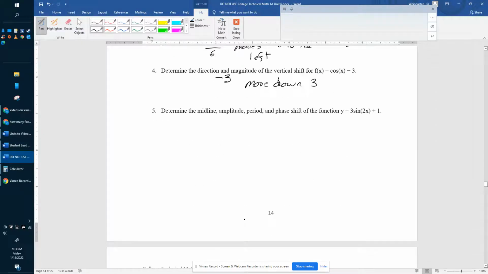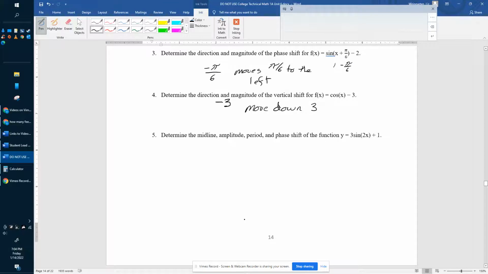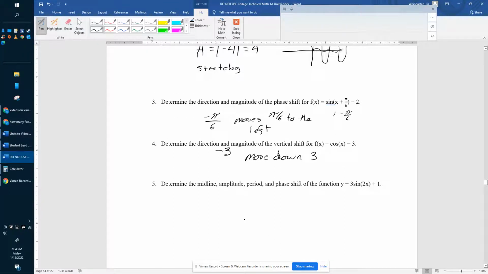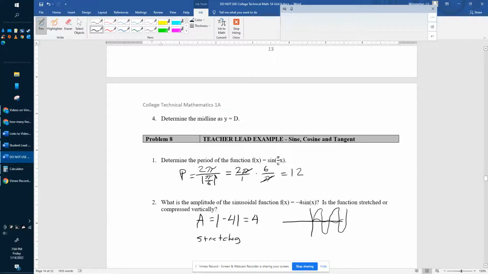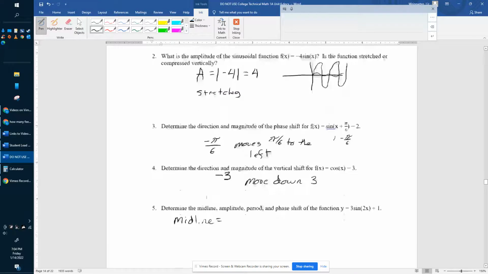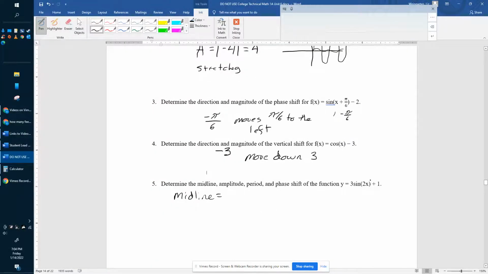All right, determine the midline, amplitude, period, and phase shift of this function. All right, let's do the midline first because they ask for it first, and it's not that hard. So the midline, if we look up here again, y equals d. d is plus 1, so the midline is 1.